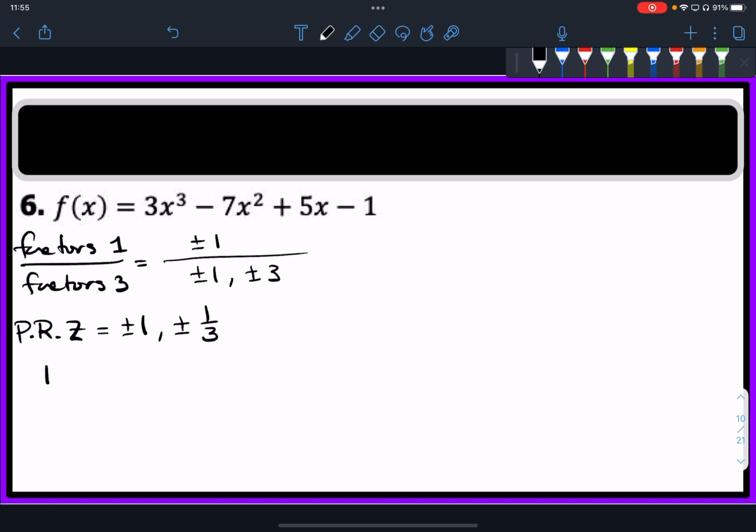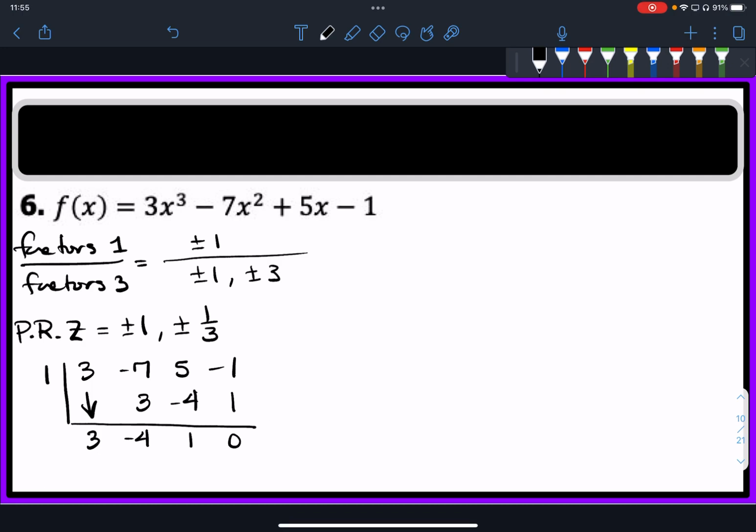Let's test positive 1 again. Multiply and add, multiply and add, multiply and add. Yep, this one worked.